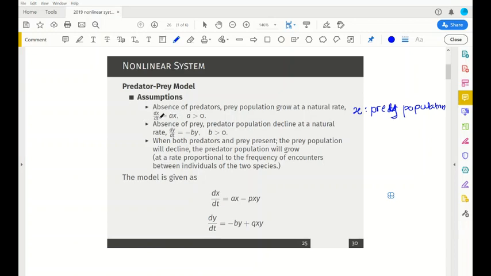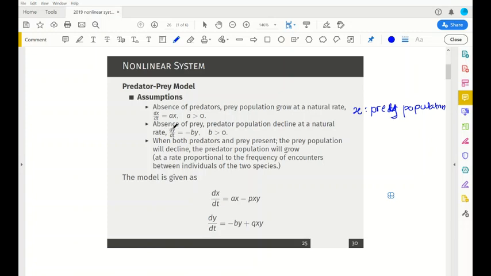This equation means that the prey population grows at a natural rate. The change of x versus t is equal to growth, so that's why we have a positive sign here. a is a constant.